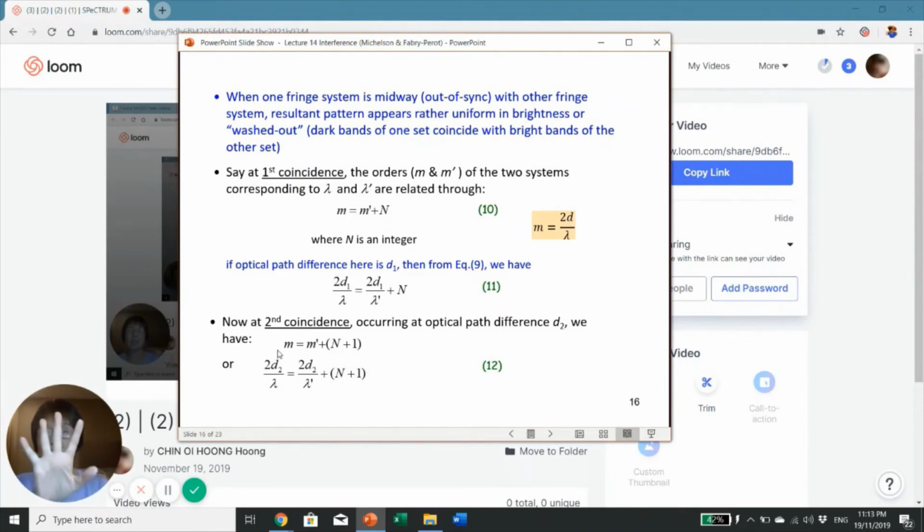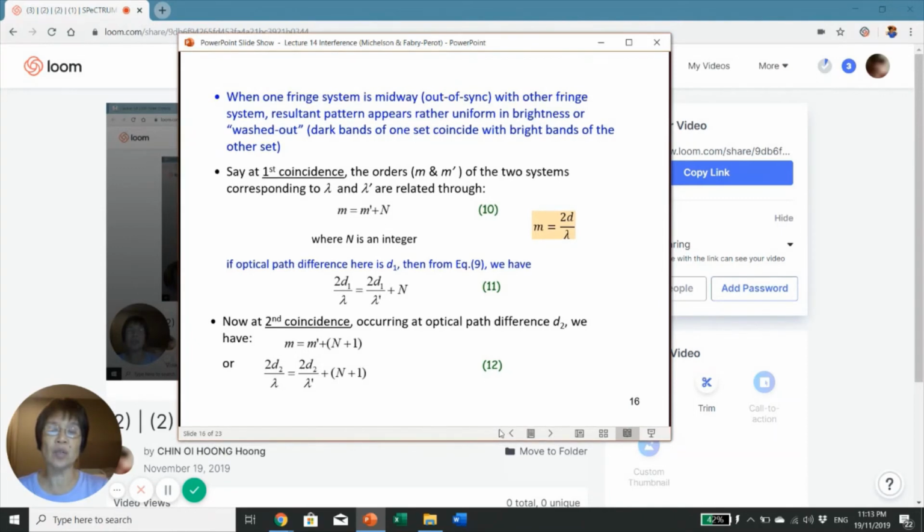At the second coincidence, one set has shifted by 1. Assuming one to be constant and the other shifted by 1, this becomes n plus 1. This happens at a distance d2. So 2d2 over lambda equals 2d2 over lambda prime plus n plus 1.